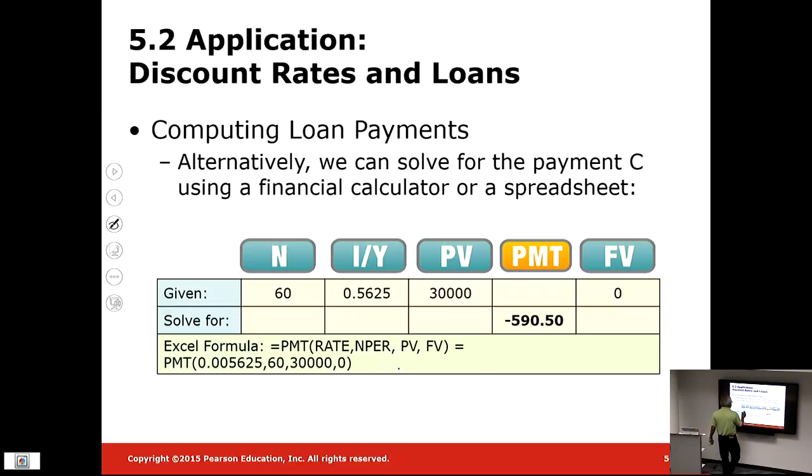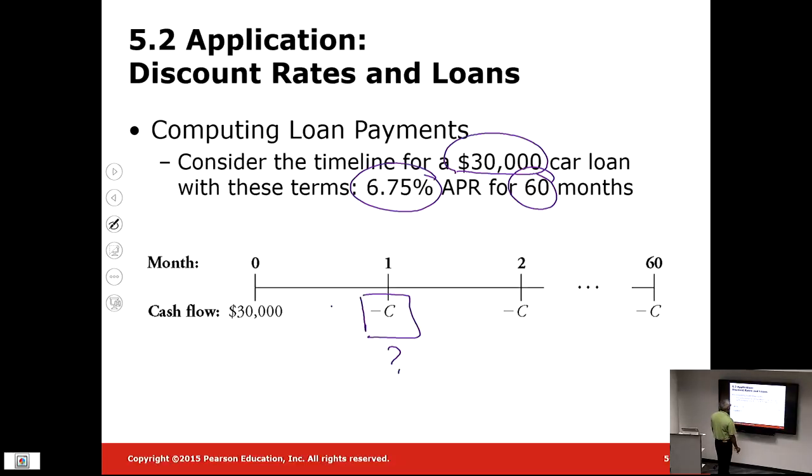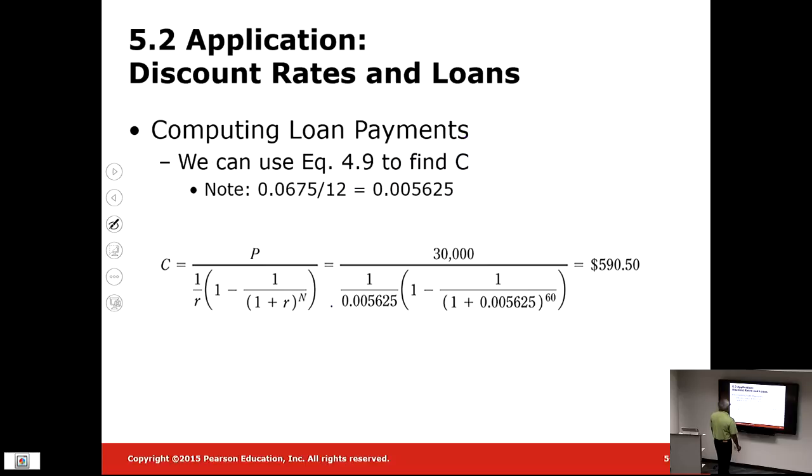So in this case, N is going to be 60. The key input over here is this one. Why is it 0.5625? 6.75 is my APR.